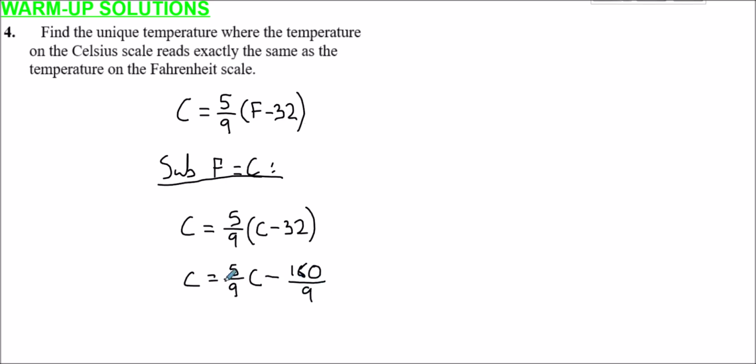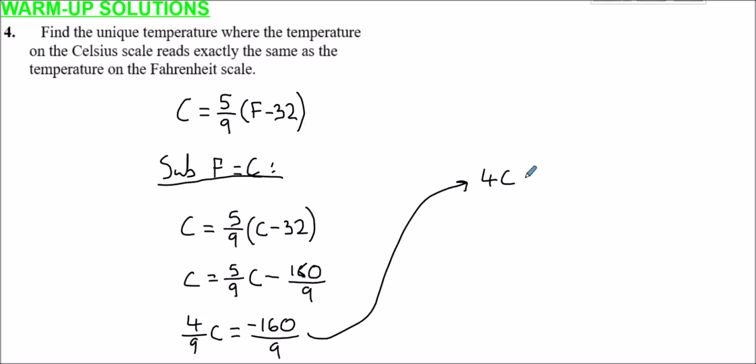Rearrange, so if we subtract 5/9 c from both sides, we end up on the other side with 4/9 c equals minus 160 over 9. We can then multiply through both sides by this 9. We get that 4c equals minus 160.